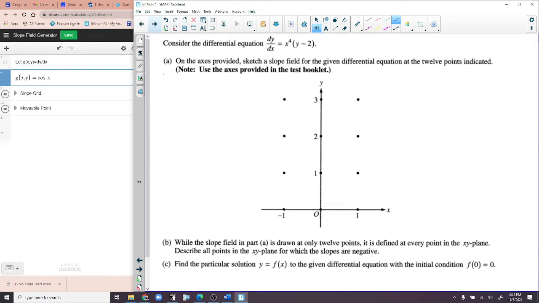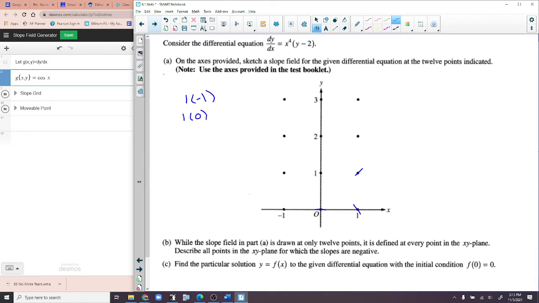0, 0. Should we start at 0, 0? 0, -2, that's still 0. 1, 0. No, -2. Excuse me, -2. So this should be slightly steeper. If you have to write them out, you have got to write them out. 1, 1. 1 times -1. 1, 2.